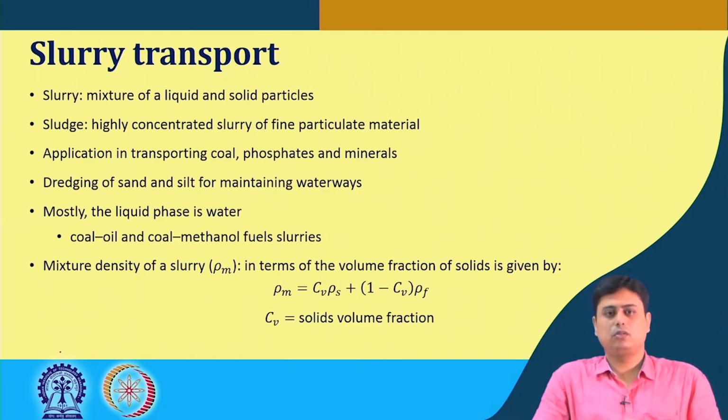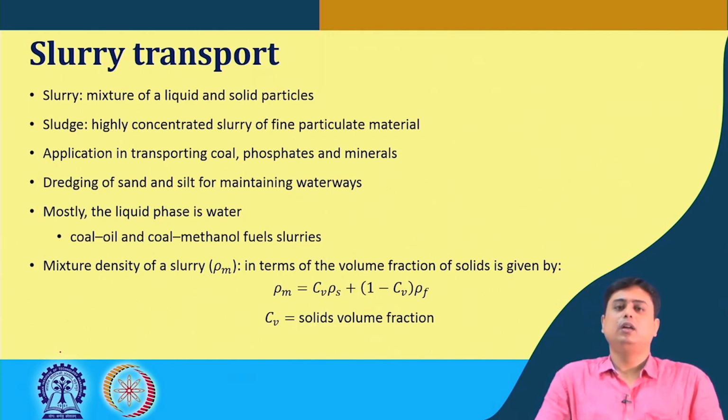Now it has widespread applications, immense applications in various areas of mineral transport. For example, coal, phosphate, and all these industries, when they try to transport these coal particles from one place to the other, this kind of slurry transport is useful.